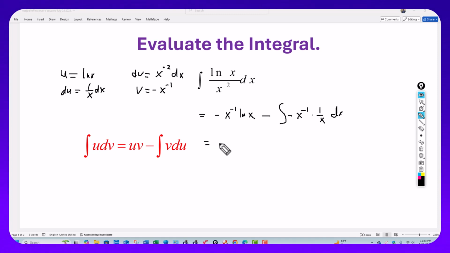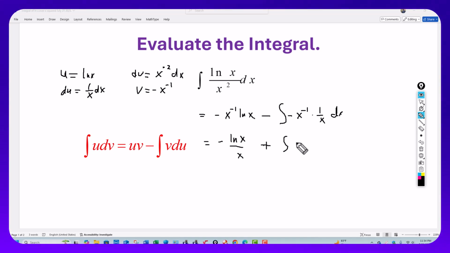So this is equal to, and I'm going to write this as, a minus ln of x. That's the first part of the answer. Still going to be there. Got the negative, and instead of x to the negative 1, I'm going to put it over x. And here I have a double negative, so this will make a plus here.